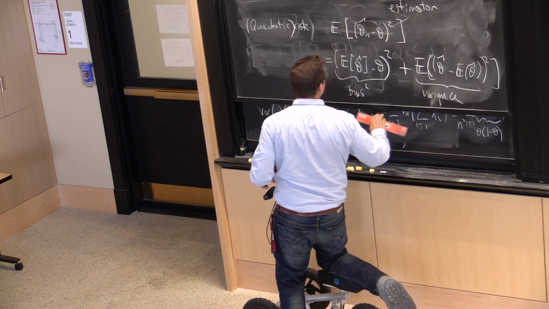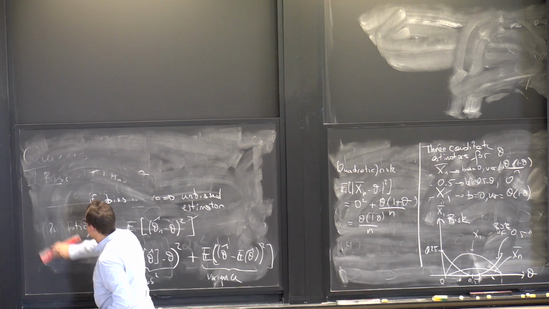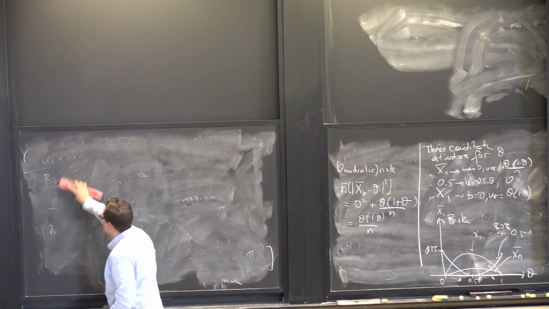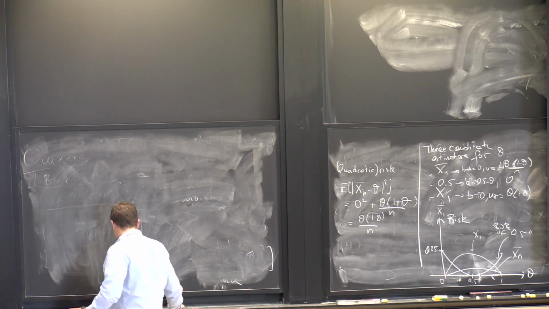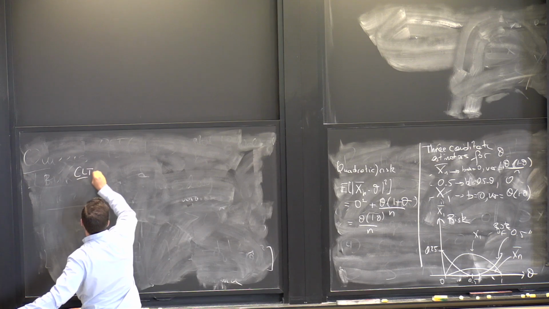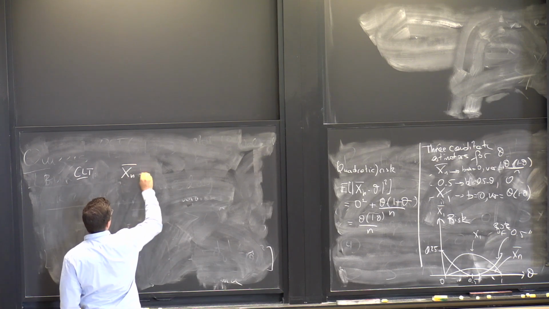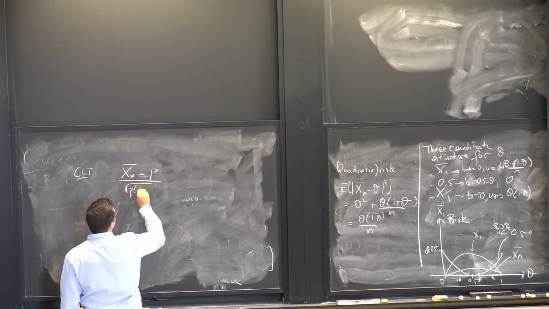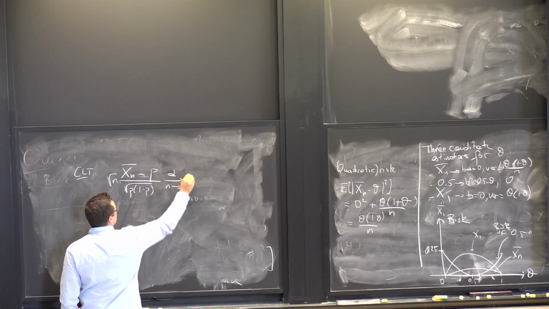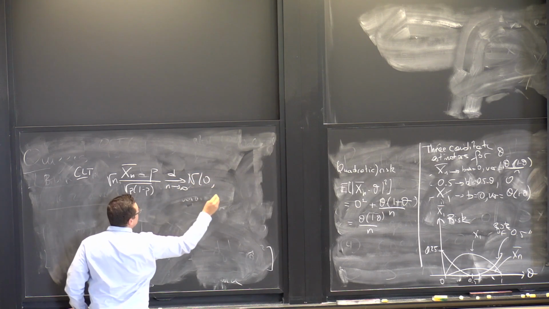So we know from the central limit theorem that X̄n minus p, divided by the square root of p(1 minus p), times the square root of n, converges in distribution as n goes to infinity to a standard normal distribution.